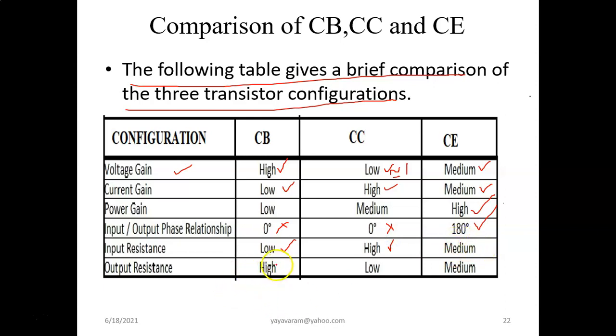Output resistance is high for common base, very low for common collector, and average, in between, for common emitter. That's why the common emitter configuration is very, very widely used in most BJT applications.